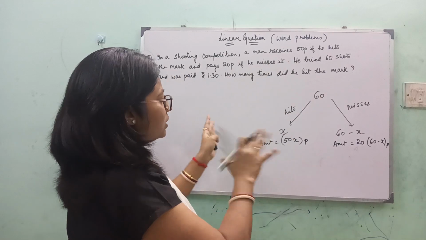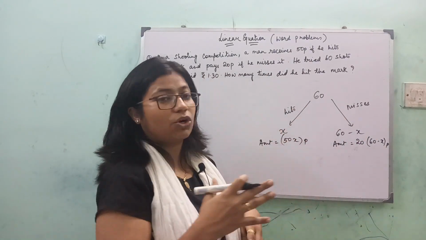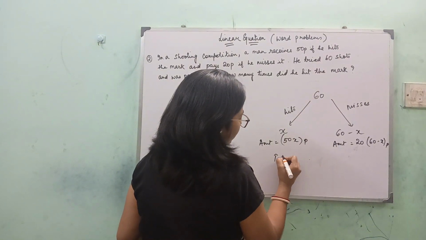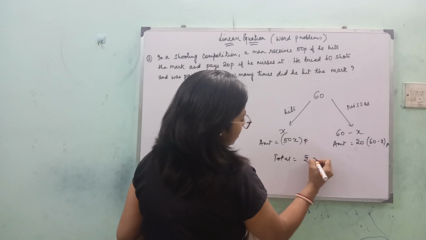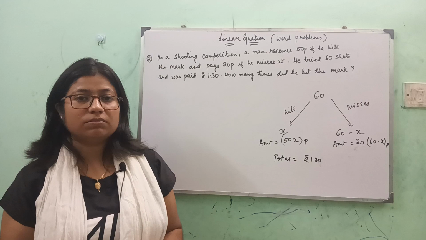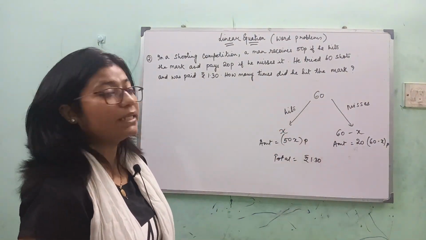Now, after he has finished the 60 shots, he is receiving a total of rupees 1.30 as the prize money. Okay. So your question is, how many times did he hit the mark?